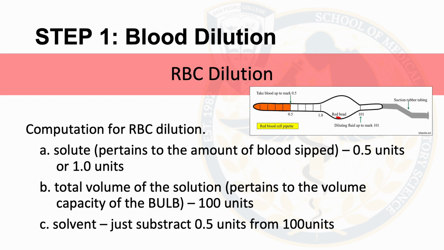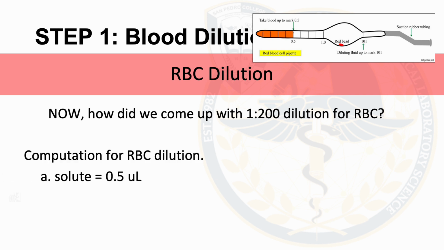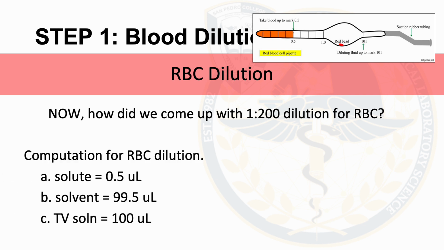Okay? So, from the fact that our solute is 0.5 and the total volume of solution is 100 microliter, in simple terms it's just like this: 0.5 solute divided by the total volume 100. Okay? In that case, you just simplify. What happens is that it's 1 is to 200.